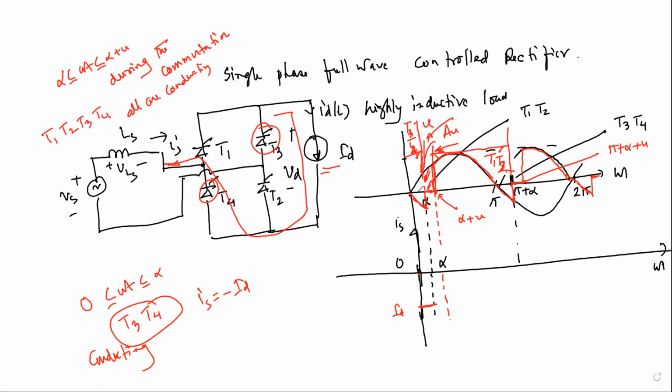And then your output voltage should be 0. And the current should be shifted from minus Id to plus Id.